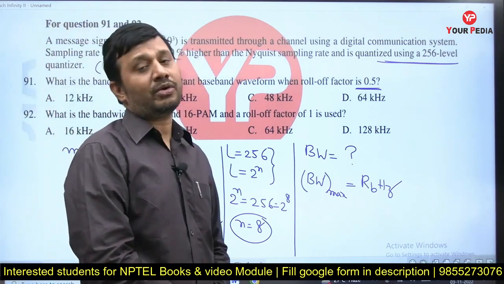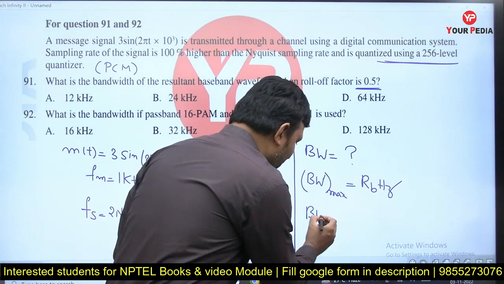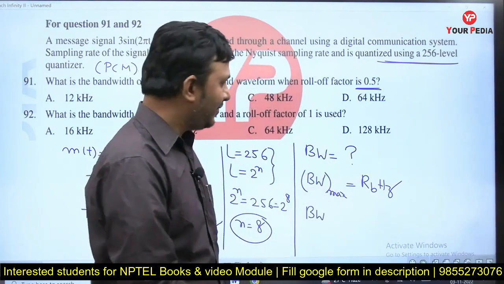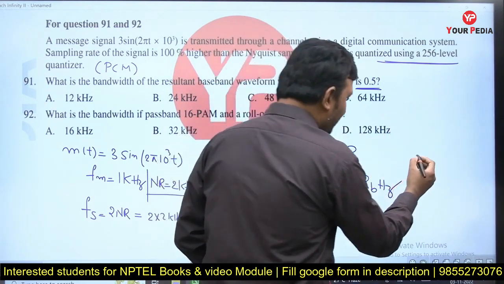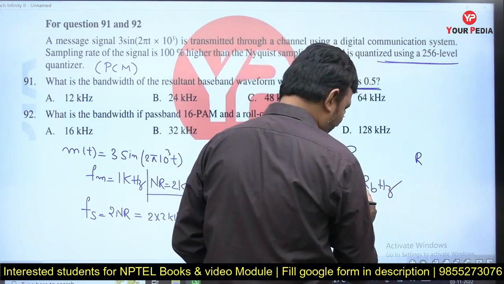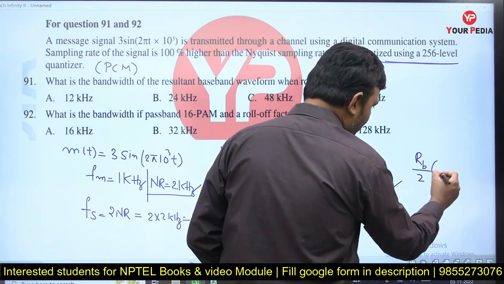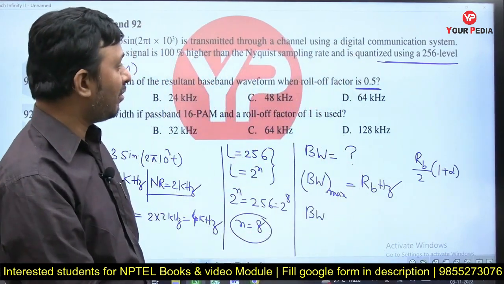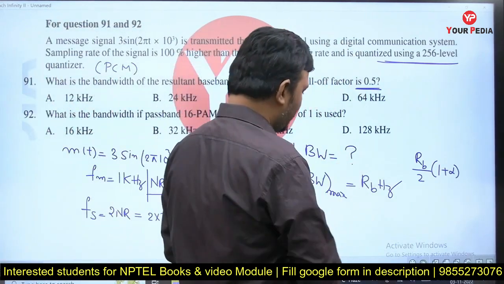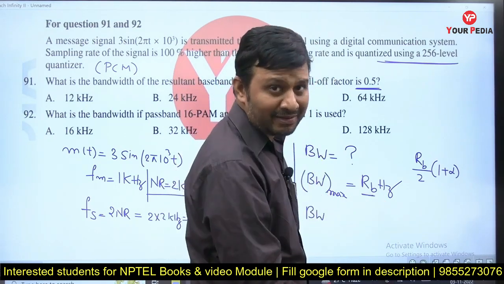Whenever you are going to use a raised cosine pulse, what is the bandwidth? Whenever they give a roll-off factor, in your bandwidth expression, wherever you have Rb, replace it with Rb by 2 into 1 plus alpha.